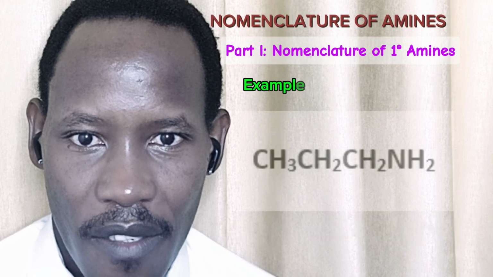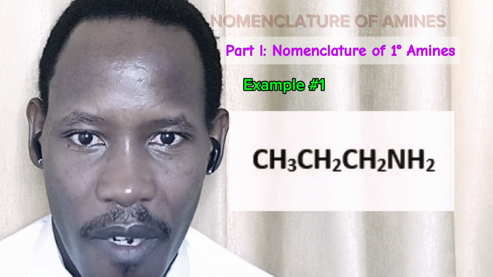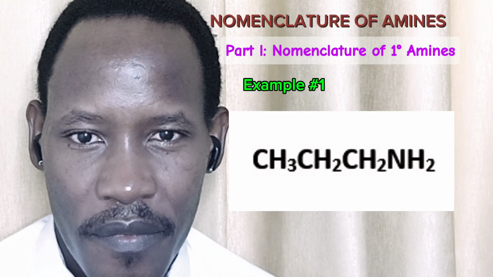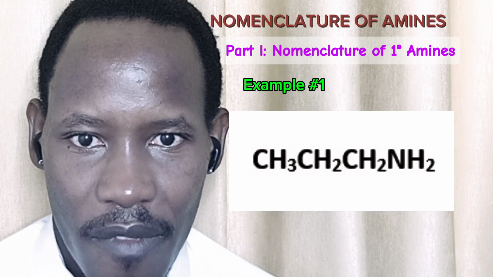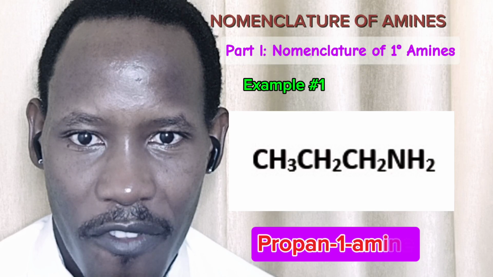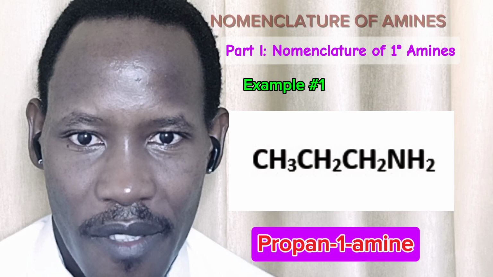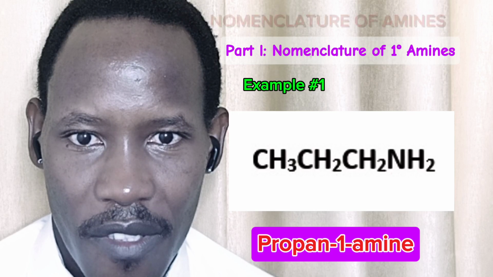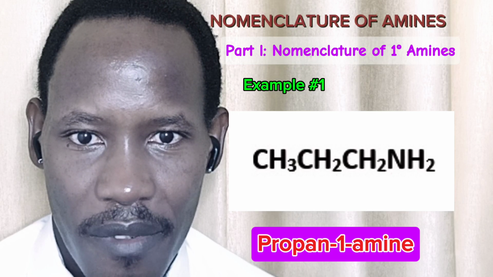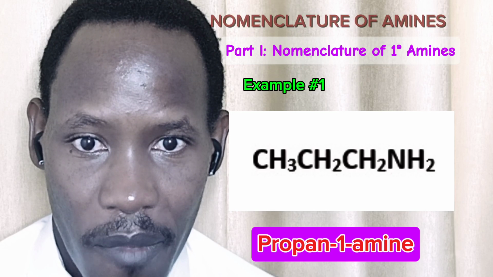Our first example displayed above is a primary amine whose name, based on the above format, becomes propan-1-amine. Please notice that the amino group is on carbon atom number 1.